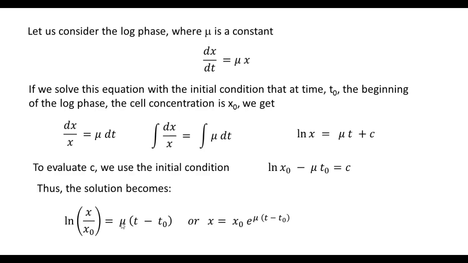And therefore ln x by x0 equals mu into t minus t0, and x equals x0 times the exponential of mu into t minus t0. This is the description of the variation in cell concentration x with time.